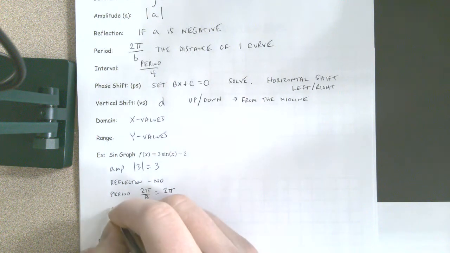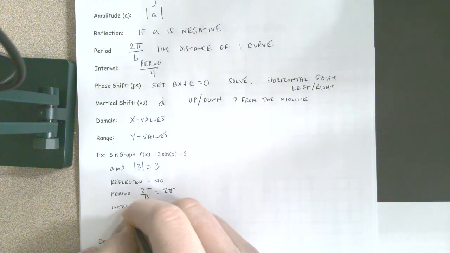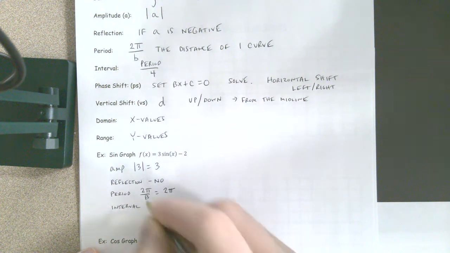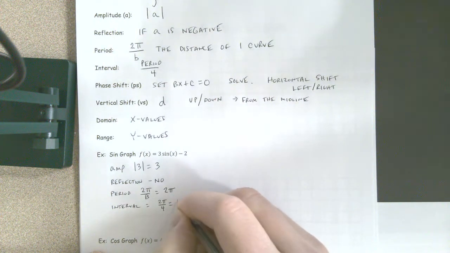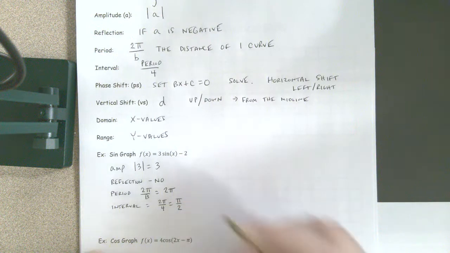Next, we're going to find the interval. So the interval is going to be this 2 pi divided by 4. Well, 2 pi divided by 4 is pi over 2, so pi halves is going to be my interval.